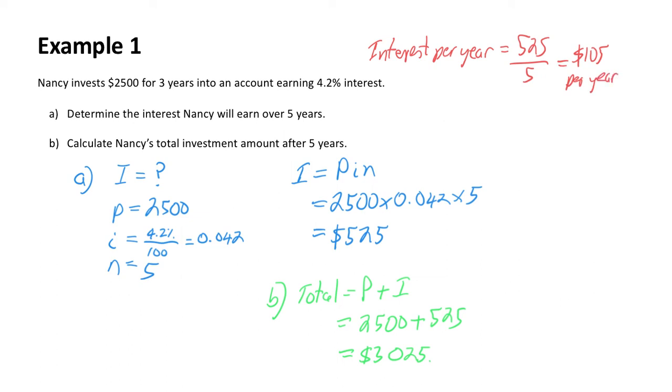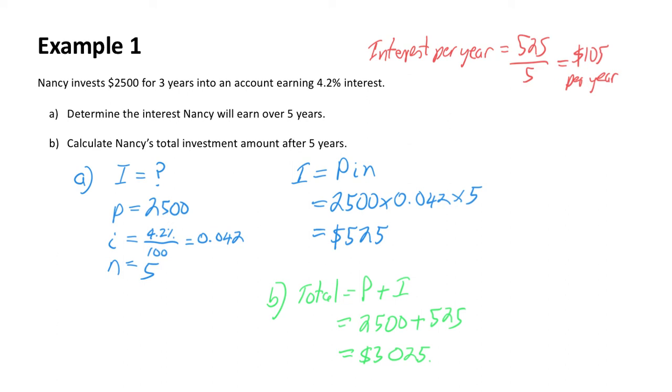Because it's simple interest, we know that they're earning the same amount each year because the principal is not changing and the interest rate isn't changing. So Nancy is going to be earning $105 per year for year 1, year 2, year 3, year 4, and year 5, totaling $525 in total.